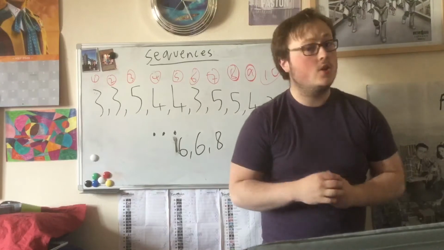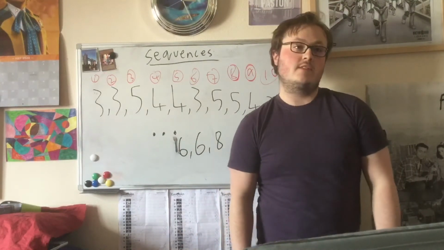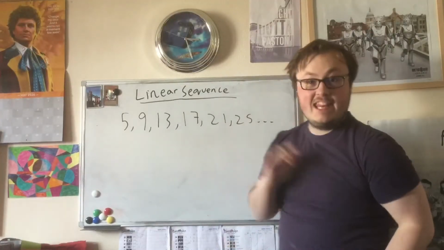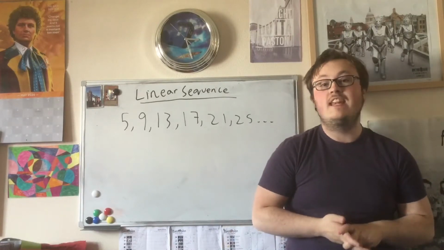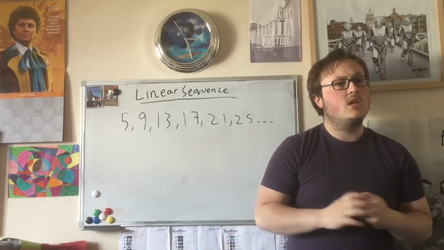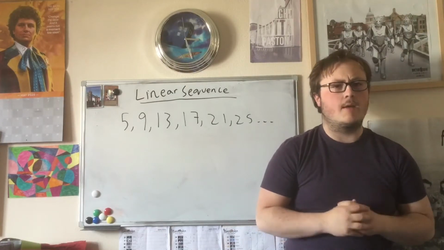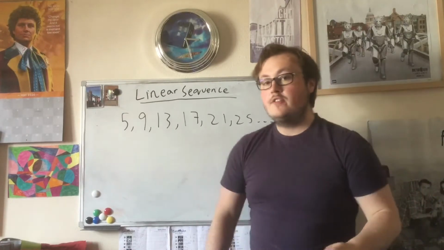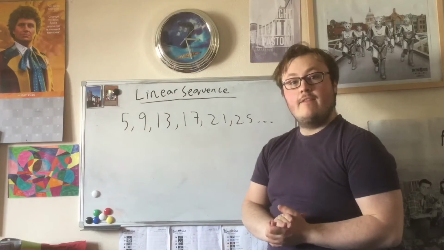Now, for the next 2 days, we're going to be focusing on one specific type of sequence, and they're known as a linear sequence. Now on the board is an example of a linear sequence. Can you identify what could make this sequence linear? You figured it out? Have you noticed that they are adding the same number every time?